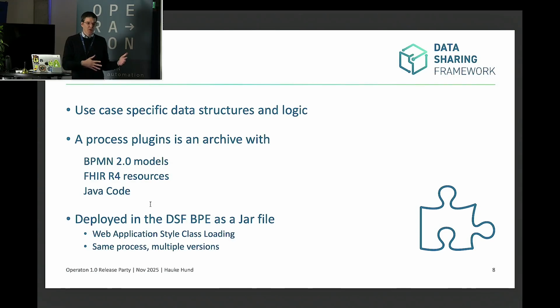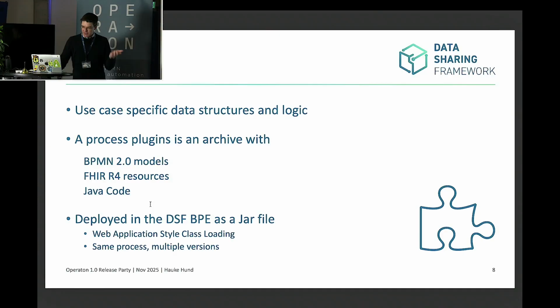What we can offer them is an instance that is already running in your organization, so that all the firewall and organizational stuff is already done. If you want to go ahead with your research project, all you basically have to do is develop a process plugin and put that into your local instance.